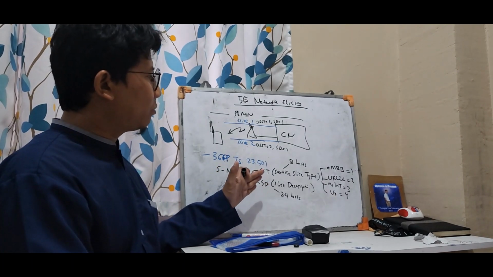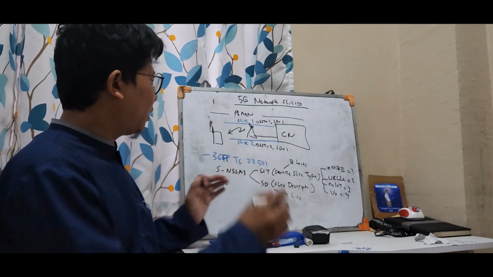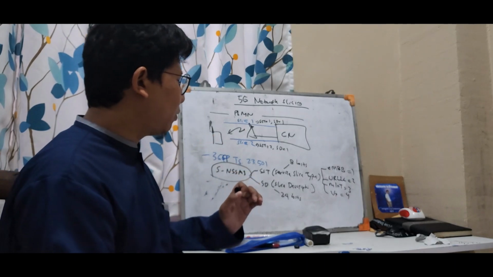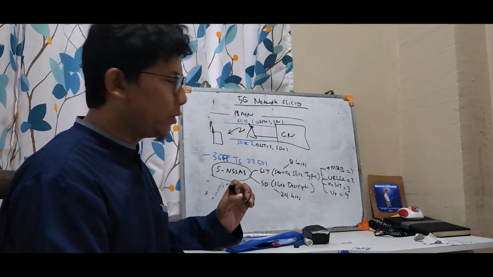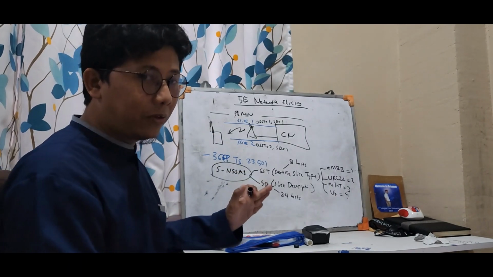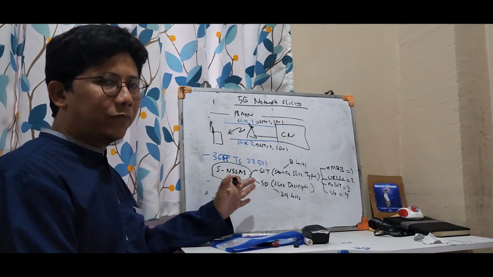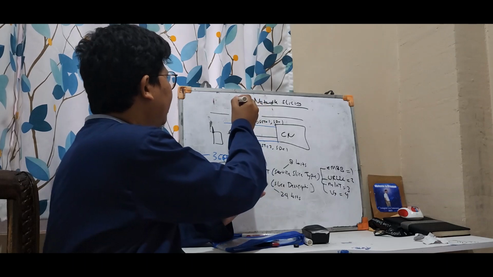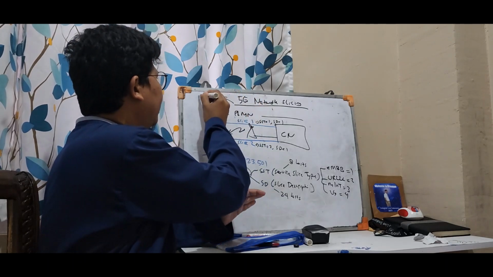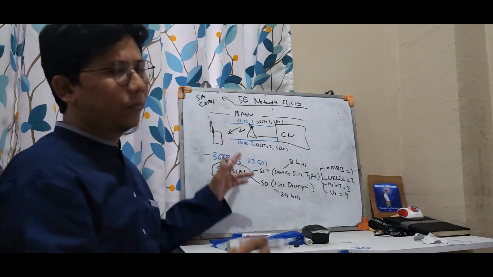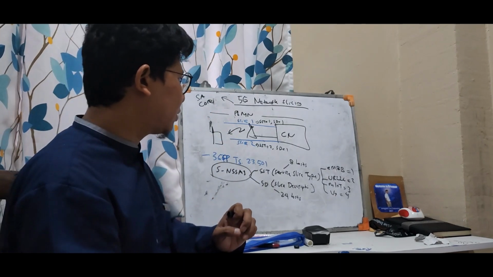We cannot put this S-NSSAI definition into technologies like 2G, 3G, 4G, or 5G NSA. We cannot do that. It is only applicable in 5G SA, 5G SA or 5G core, this network slice definition.